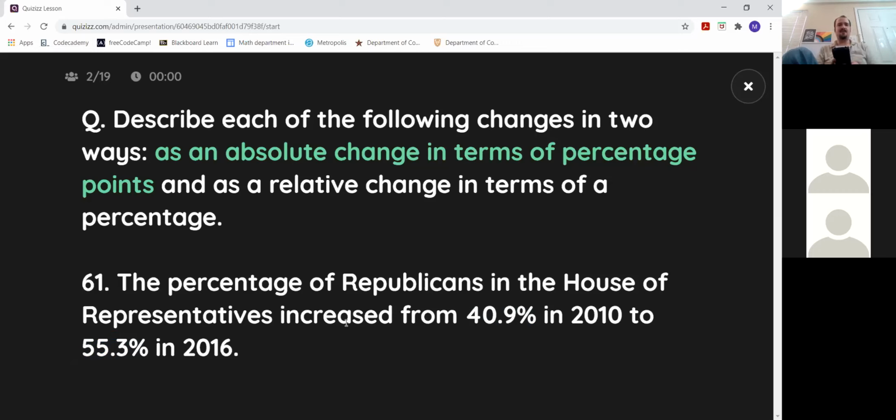The units on the absolute change when we talk about percentage is called percentage points. So do not put the percent sign. I can say that much. You should say the words percentage points when you talk about these.